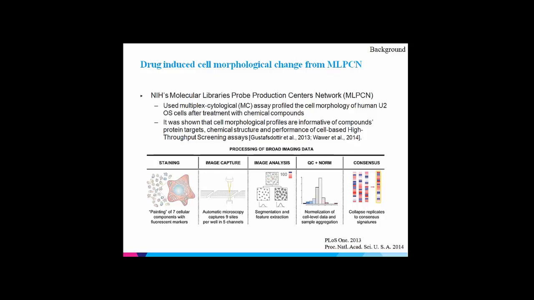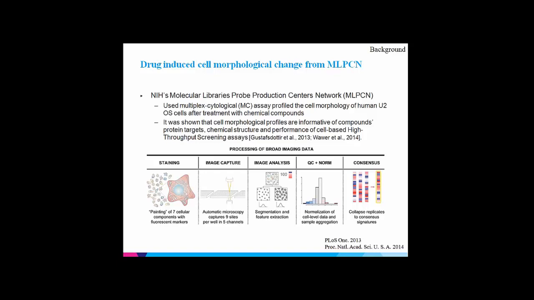For example, the Molecular Library Probe Production Centers Network has used a multiplex cytological assay to profile the morphological change of human cell lines after the treatment of drug compounds. So here is a brief workflow of this project.